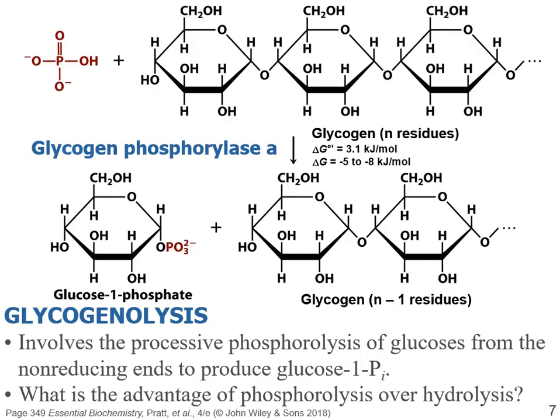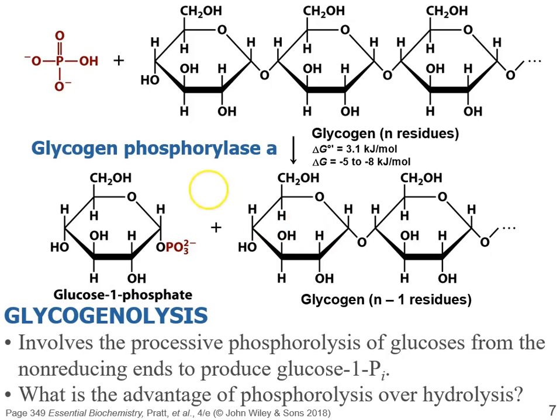Such reactions include glycogenolysis. Glycogenolysis is just lysis of glycogen, or breaking down of glycogen, and we're going to do what's called a phosphorolysis. We've talked in the past about hydrolysis, and hydrolysis uses water to break bonds.